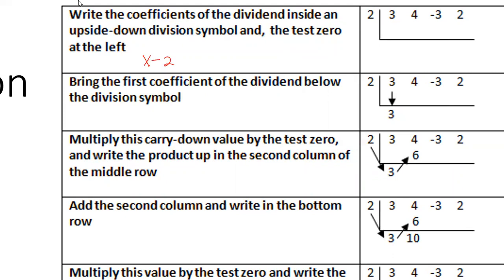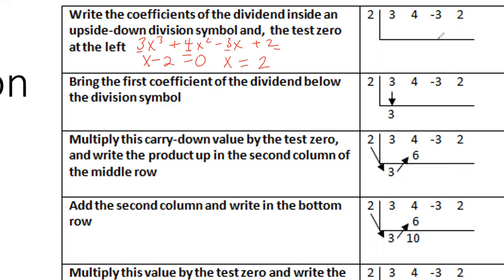So my divisor was x minus 2, and I set it equal to 0. That means I'm going to be using x equals 2 to go through. The 3, 4, negative 3, 2 meant that my dividend was 3x cubed plus 4x squared minus 3x plus 2, and all I did was write the coefficients. And that's all that was written in the place, okay?